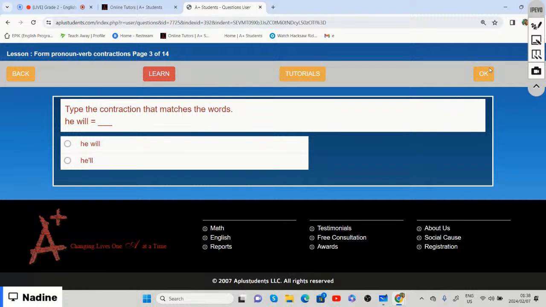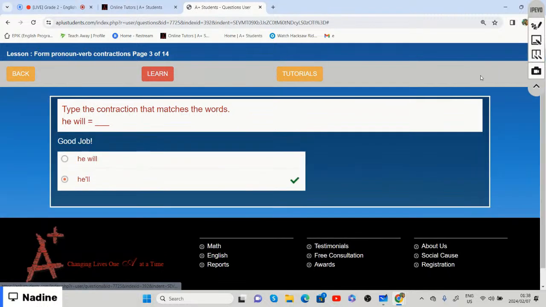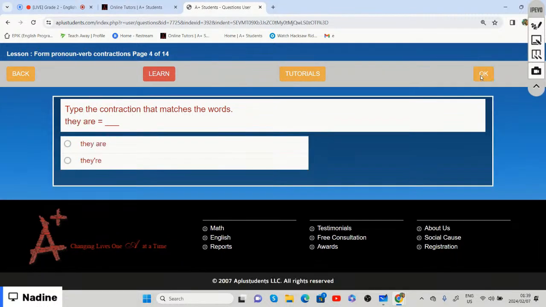So he will. We need to find the contraction that matches the word he will. So he will is our second option, which is he'll. And he'll is correct.